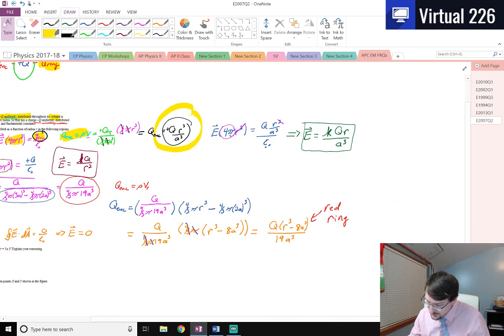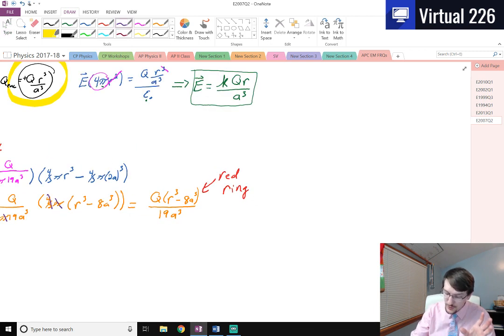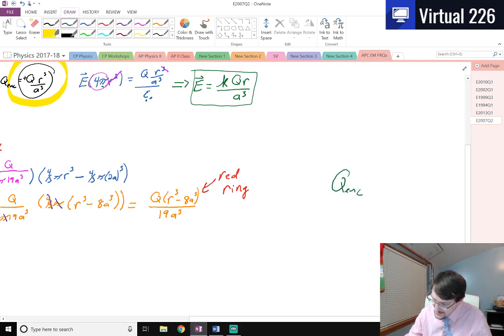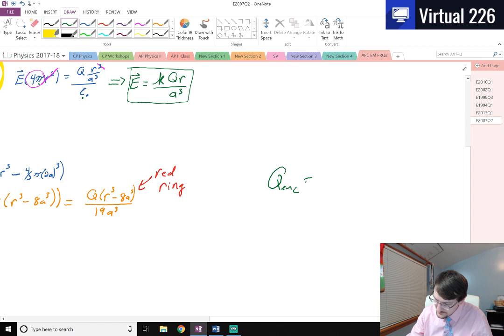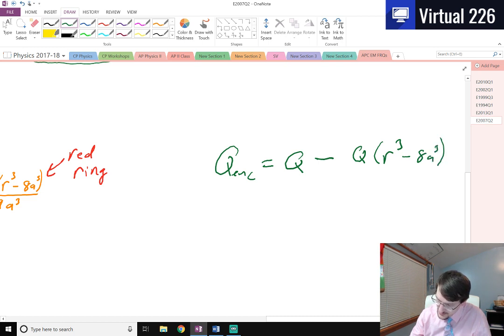So our charge enclosed here is actually going to become, for the charge enclosed of the entire Gaussian surface, Q minus the charge that was enclosed by that red ring. And that charge enclosed by the red ring there was, as we had before, Q times r cubed minus 8a cubed over 19a cubed.